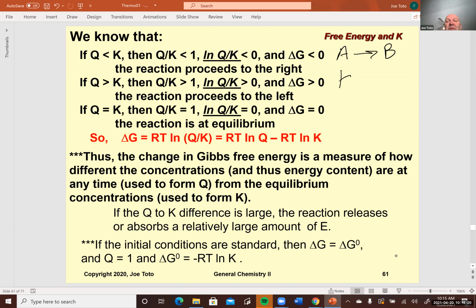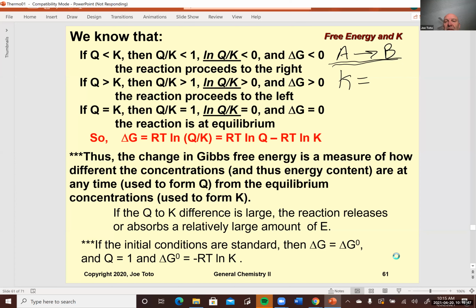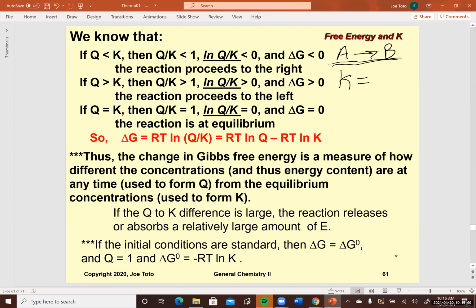Somebody there, define for me the K for this reaction. Does anybody know what the equilibrium constant for A going to B would look like? B over A?